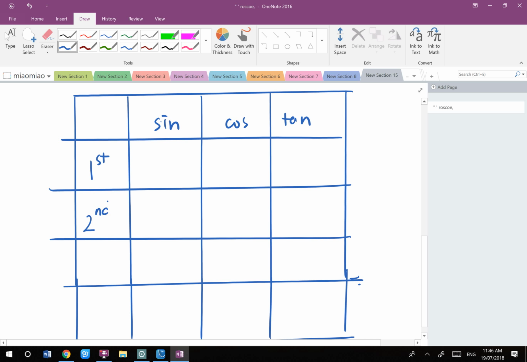This is the second quadrant angle. This is the third quadrant angle, and this is the fourth quadrant angle.